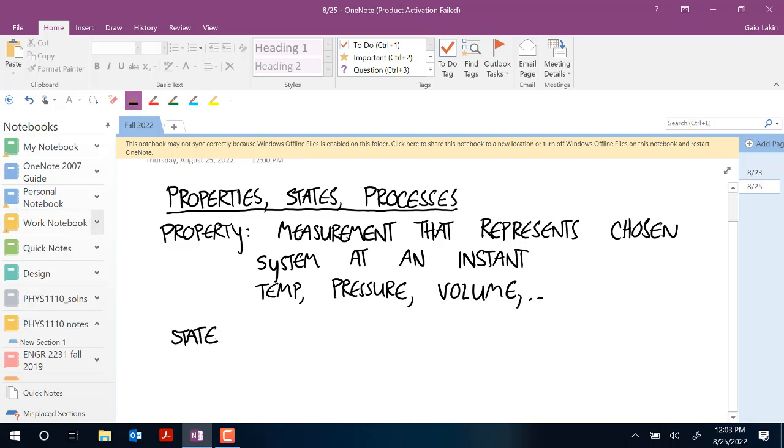So this is all the properties at an instant.